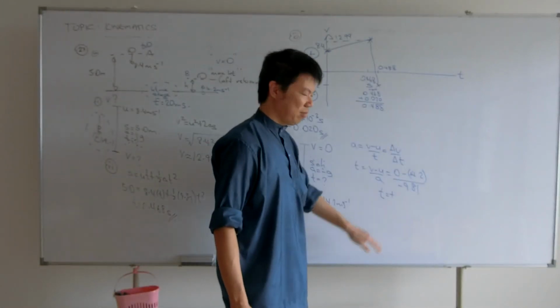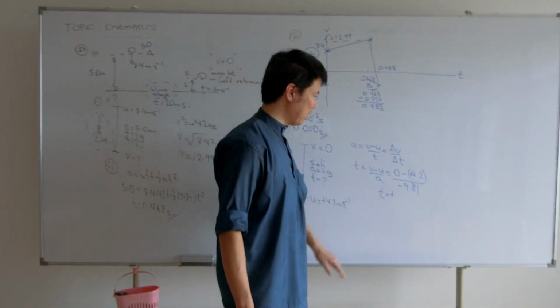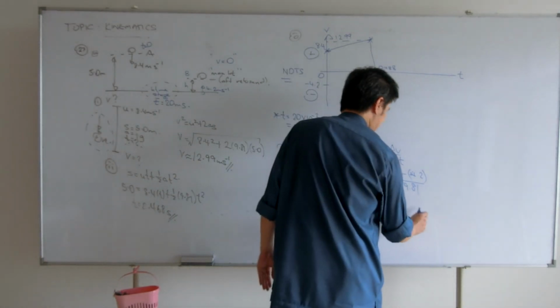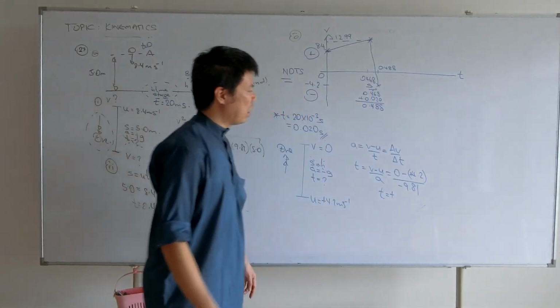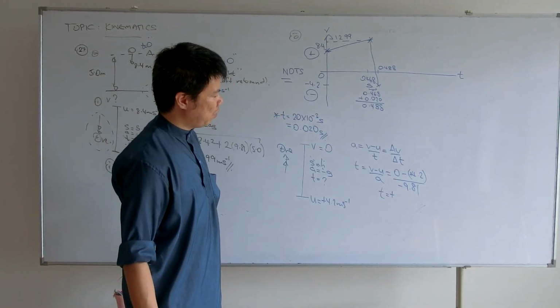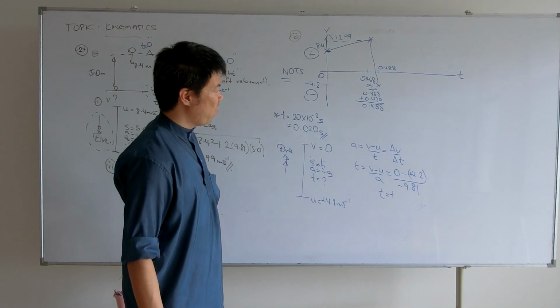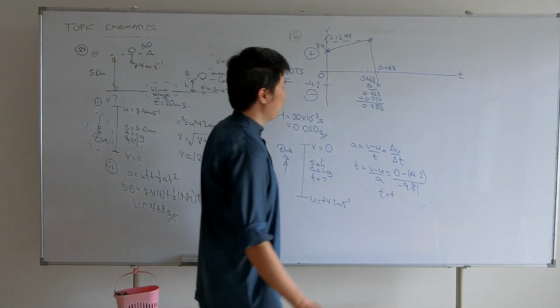It seems that you have to calculate this time. So let me do a rough check. It's 4.2 over 9.81. Roughly, hopefully you will find the time.